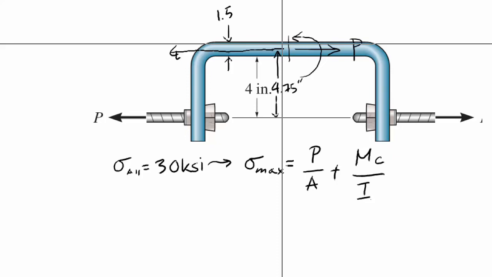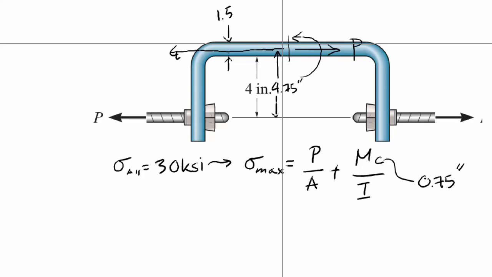The C is referring to the bracket, which has a dimension of 1.5 inches, so you know that C is half of that depth. That is equal to 0.75 inches.